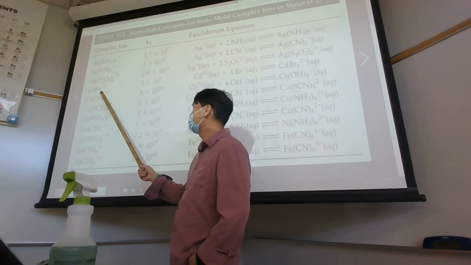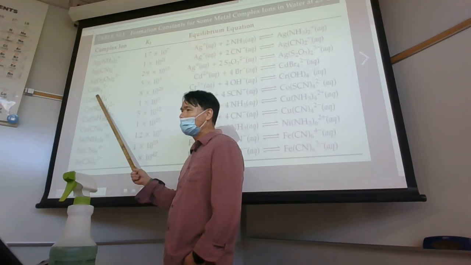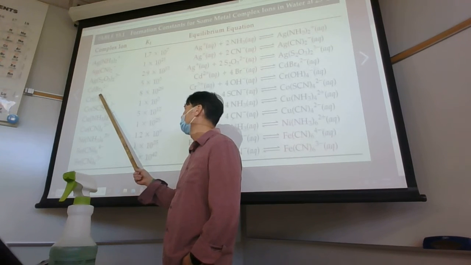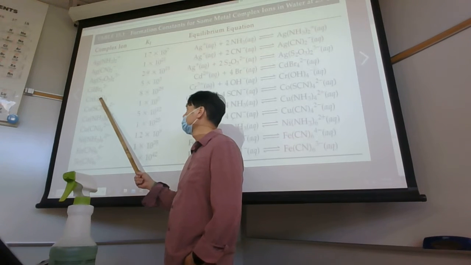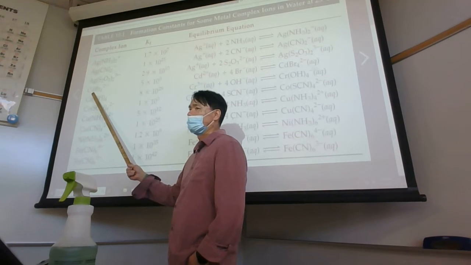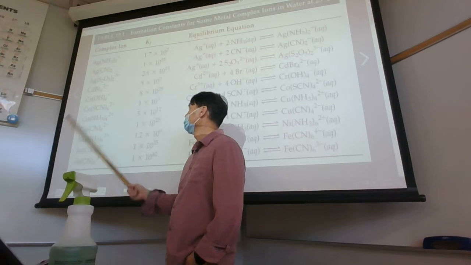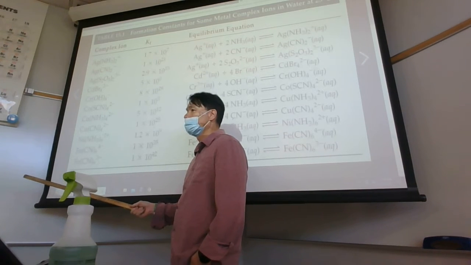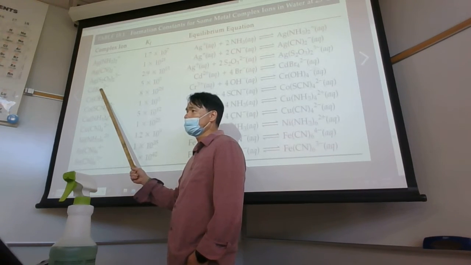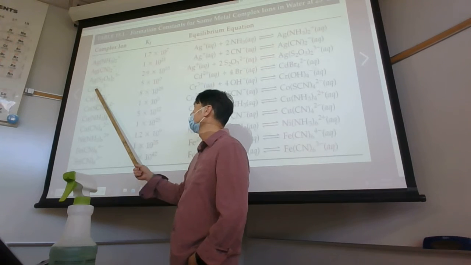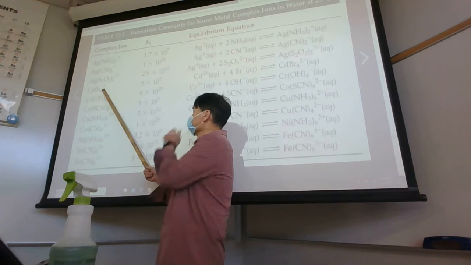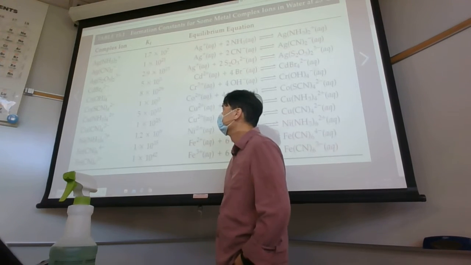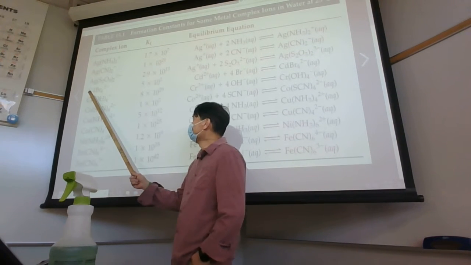So this would be tetrabromo, or tetrabromido if calling it now. I'll just call it tetrabromo cadmiumate. And the charge on the metal is +2. Each bromide's -1, so -1 times 4 plus 2 is -2. That's good.